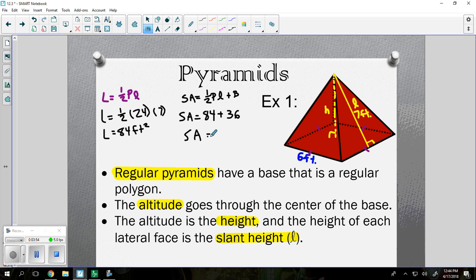So 84 plus 36, and we'll get exactly 120. And like we talked about in the last lesson, for pyramids or any other object, the surface area will always be larger than the lateral area because it is including the base, whereas the lateral area does not. So those would be your 2 answers, 84 feet squared, 120 feet squared.